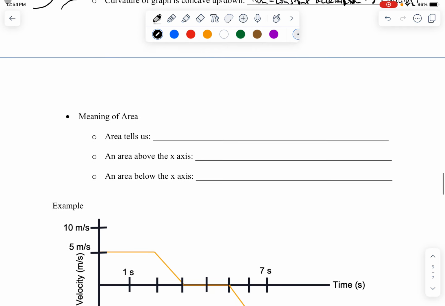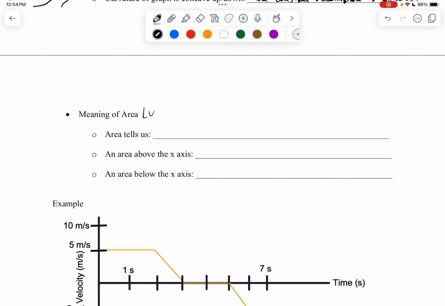So last thing, again, if we are looking at these velocity versus time graphs, now if we're thinking about the area, it's going to tell us the object's change in position. So our change in position, this is sometimes what we refer to as the displacement of our object. And basically what we have is a section of the graph in which our area is above the x-axis.